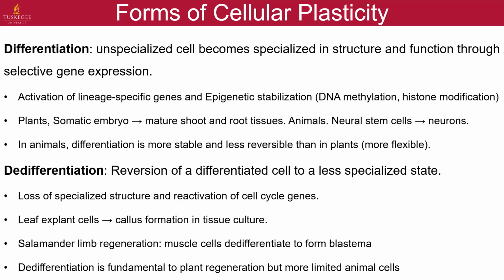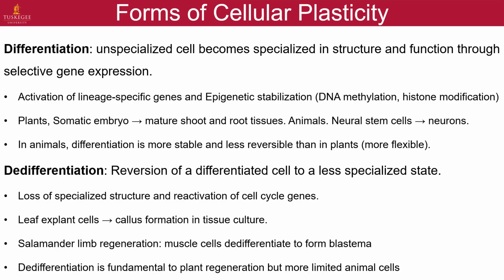The next form of cellular plasticity is de-differentiation, which involves the reversion of an already differentiated cell into a less specialized state. Here, there are different molecular and cellular mechanisms that take place. These include loss of specialized structure, as well as reactivation of the cell cycle genes.